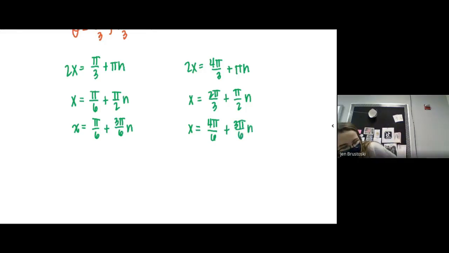Okay, so let's start with the values for pi over 6 between 0 and 2 pi. So the first one is going to be pi over 6. Then what? We add 3 pi over 6 to that. 4 pi over 6. Then what?